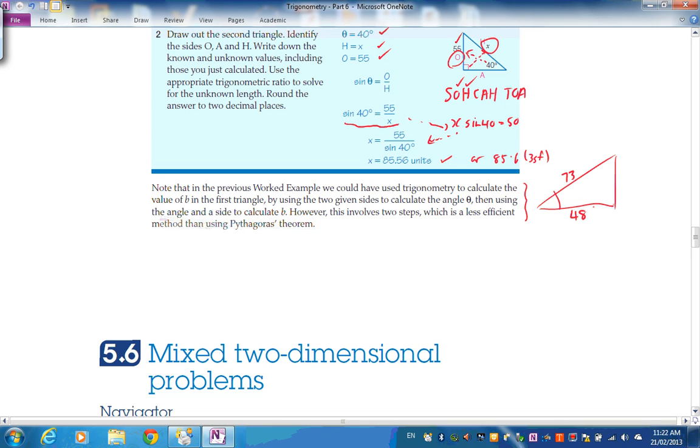So we could have used those to get the angle and then use trigonometry to come across here and get B. But as Pearson's is stating here, you would have had to do 2 lots of calculations: get the angle and then use that to calculate B. So Pythagoras was quicker there. So you might think about that. If you have a right angle triangle and 2 sides in it, and you want the third side, it might be easier to go directly with Pythagoras.